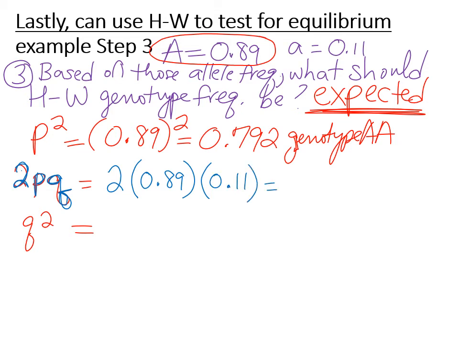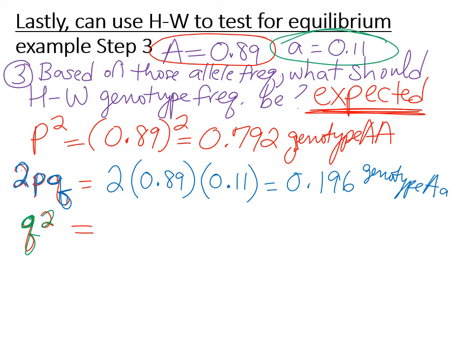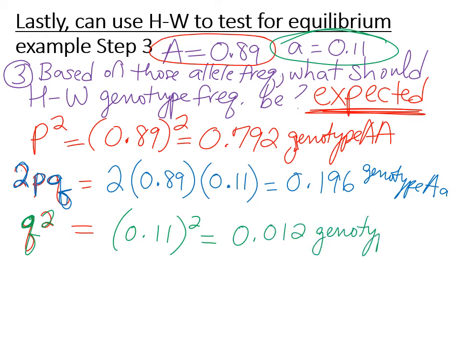And when you do 2 times the first allele times the second allele's frequency, you get 0.196 as the genotype capital A, lowercase a. Okay, and then our last one to calculate is q squared, which is just our second allele, so 0.11 squared, okay, which should give you 0.012. Genotype, double lowercase a.